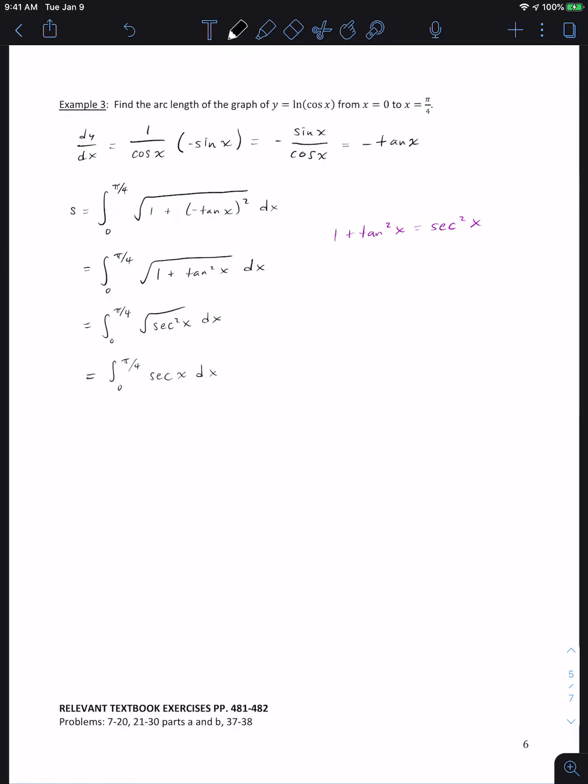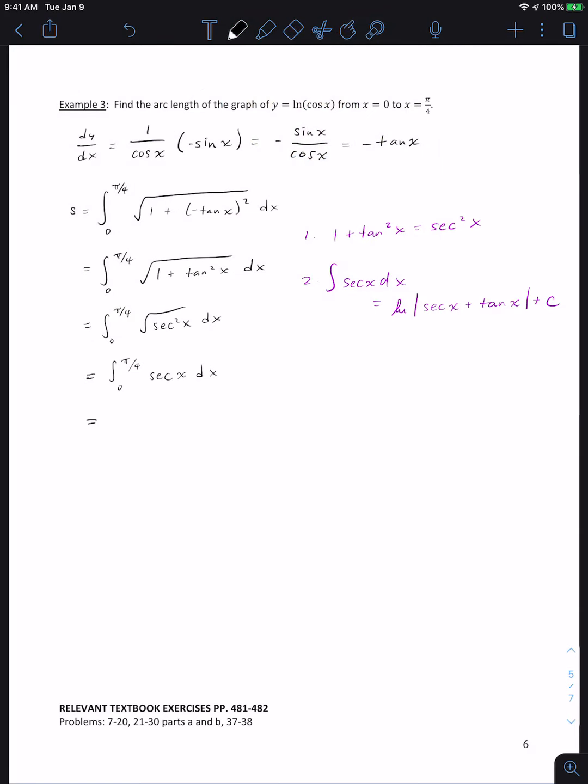Another thing we need to know is what is the integral of secant, right? This one's actually kind of tricky, but it's one we need to know. So the integral of secant x dx is equal to ln of the absolute value of secant x plus tangent x plus c. All right, so these are the two things we need to know for this problem.